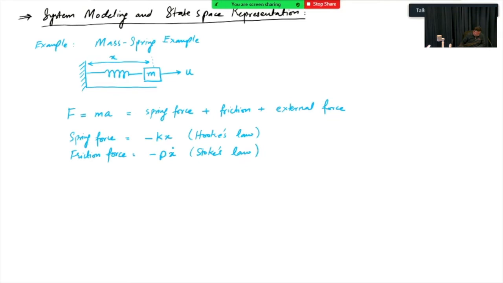Now, if you start writing down the equation of motion, so basically the sum of the forces is equal to the mass times the acceleration. So what we will have is m times the acceleration, which will be the double derivative of the displacement, and this is equal to minus kx minus rho x dot plus u, right? The external force is just u.